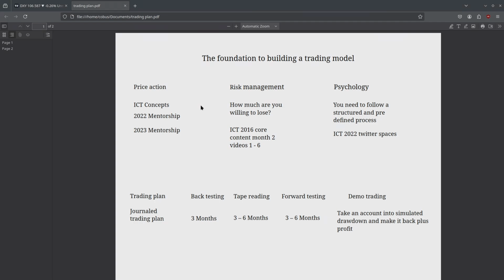One thing that I have learned from ICT's concepts is that he has a plethora of concepts. He has a toolbox filled, overfilled with tools. Pick the tools you need for the job that you want to do.